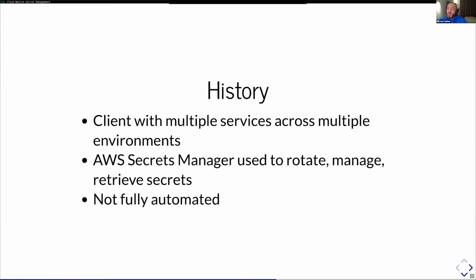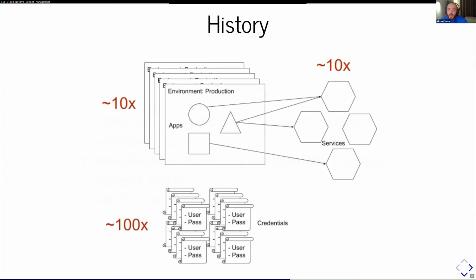Now, a combination of tens of environments with tens of services leads to hundreds of credentials, which is nothing crazy in most production systems. But when you want to provide fine-grained access to those secrets, while also implementing GitOps, it can become a huge headache.